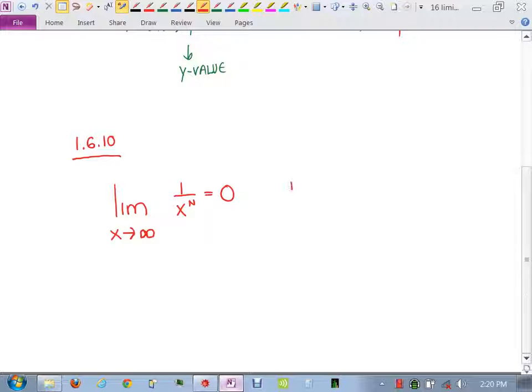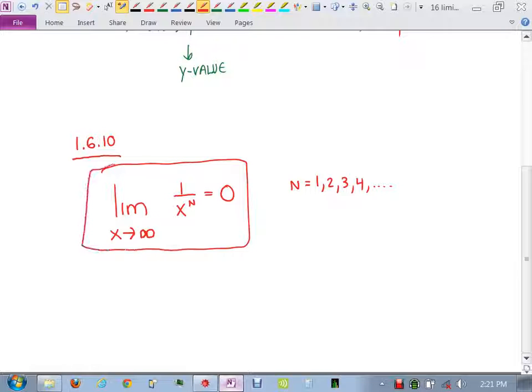Now this works when n is equal to 1, 2, 3, 4, any positive integer. This is a big formula you should remember. But I don't want you to remember it like that as a formula. I want you to remember it more conceptually.